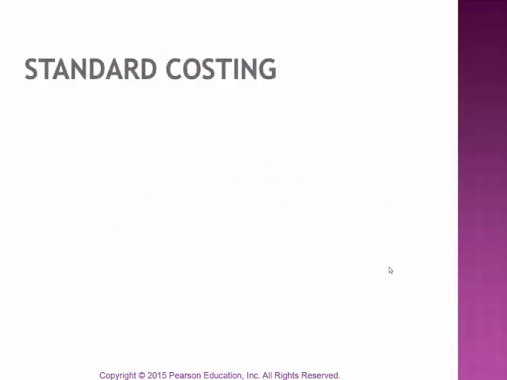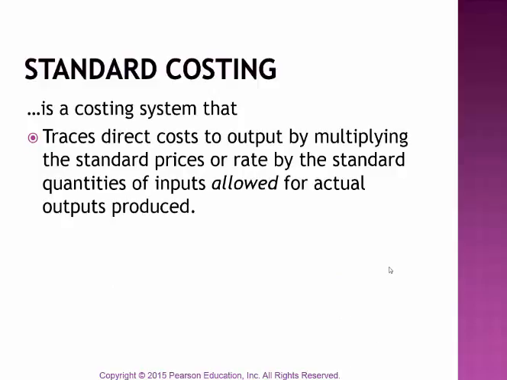We've already talked quite a bit about standard costing in our Chapter 6 and Chapter 7 material. It is a costing system where we can trace direct costs to our output units by multiplying the standard budgeted prices or standard budgeted rates by the standard quantities of inputs allowed per unit for the actual units produced, or the actual outputs produced.